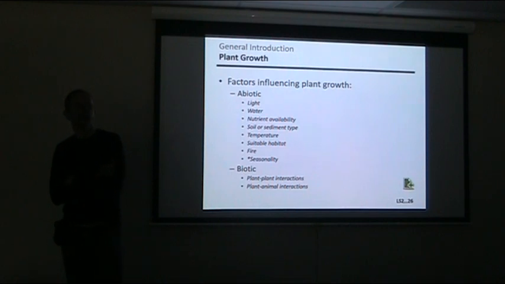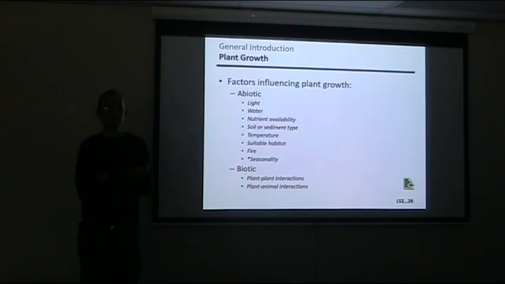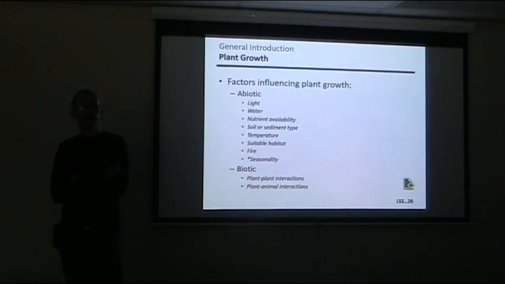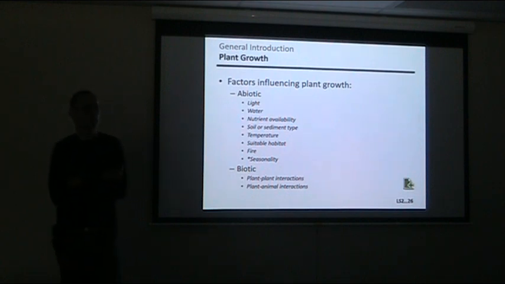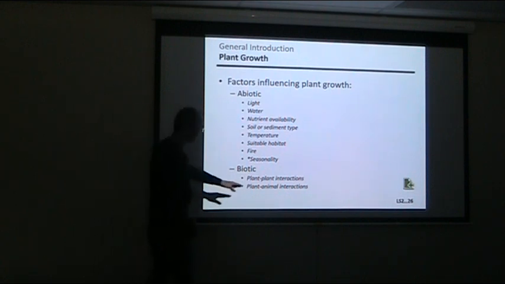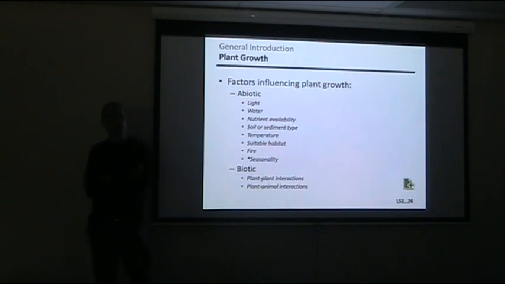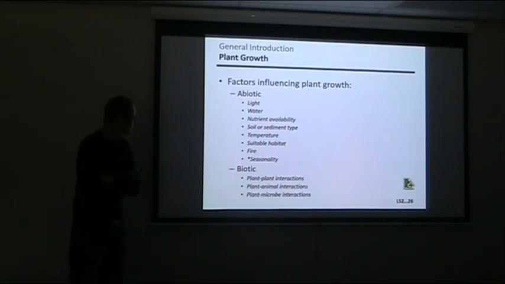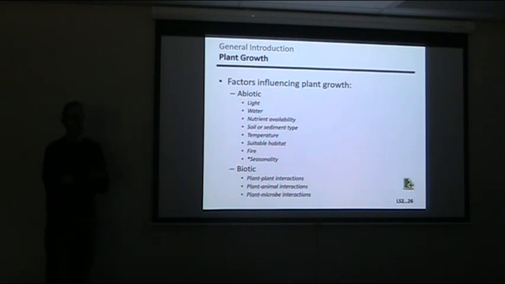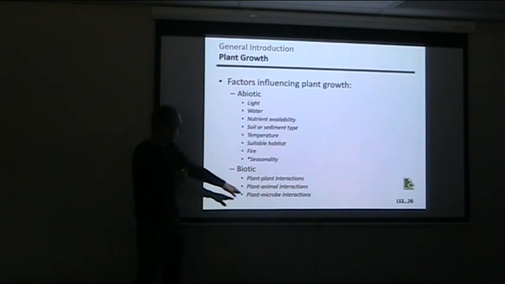Those do affect plant growth, but beyond that there is seed dispersal, which is future growth: whether the animals are being good dispersal agents to allow for germination and growth of your seeds. Importantly, there are also plant microbes, and this is another field about which we know very, very little.